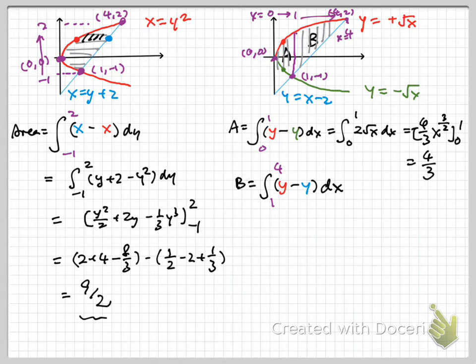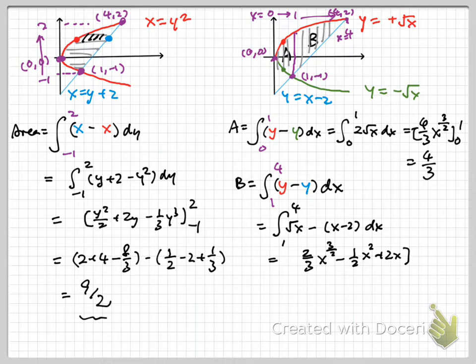And that goes to root x minus the y, which is x minus 2, dx, integrated from 1 to 4. And that is 2/3 x^(3/2) minus half x squared plus 2x, alright? That is from 1 to 4.